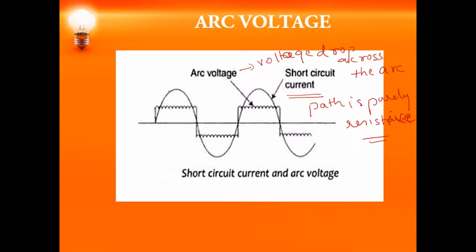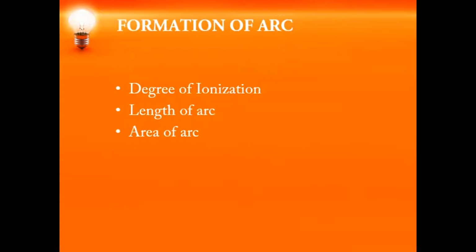Now let us see what are the factors which influence the formation of an arc. When the contacts get separated, I have said that the arc is formed. How actually is the arc formed? When the contacts start to separate on occurrence of a fault, the contact area will decrease and the large fault current will flow.